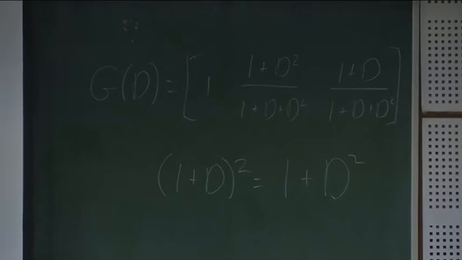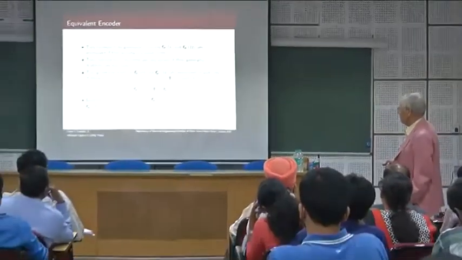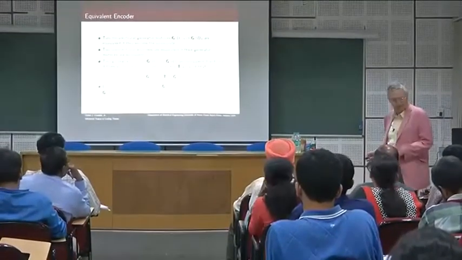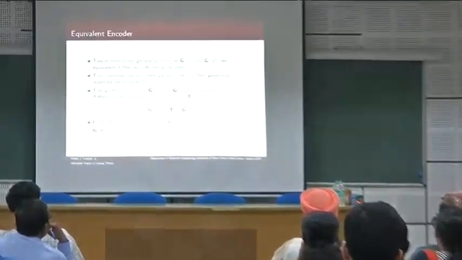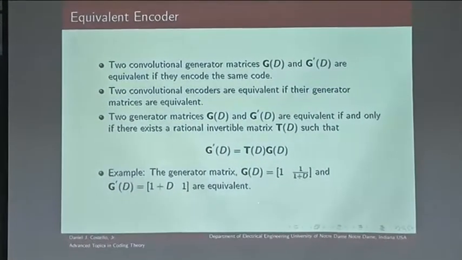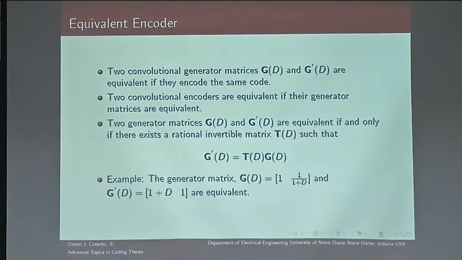So you could multiply this by 1 plus d squared, and then this would be 1 plus d squared, and this would be 1 plus d. And again you generate the same output sequences, but the correspondence between output and input sequence would again be different.